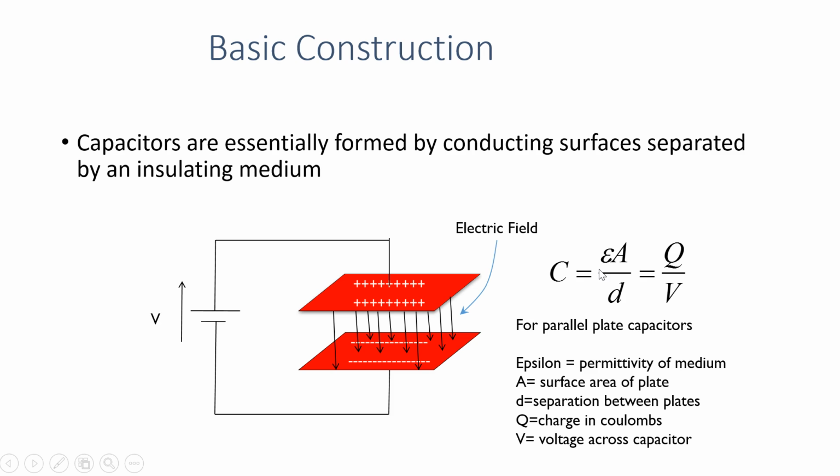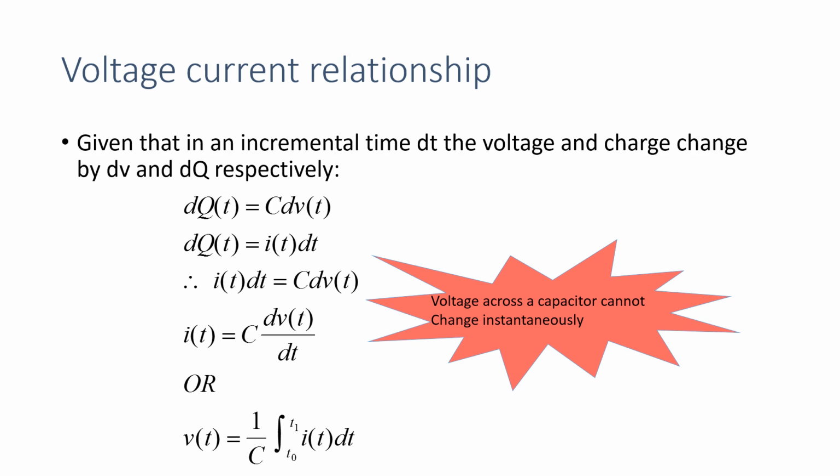So that is one equation which gives you the capacitance in terms of the geometry, and the capacitance could also be related to electrical quantities such as charge and voltage, and you should know that C is equal to Q on V. So this should all be familiar to you already.